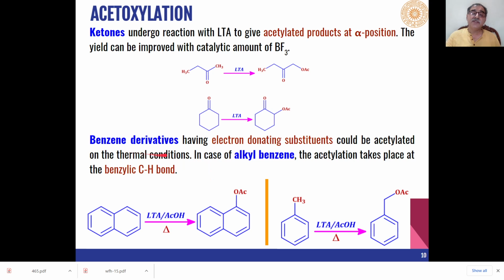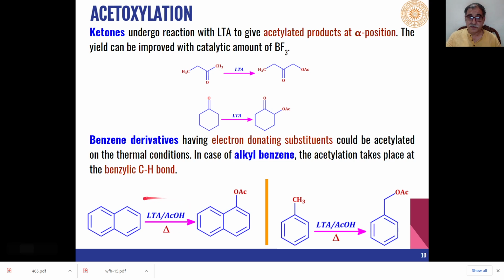Then benzene derivatives like naphthalene or toluene also undergo acetoxylation on reaction with lead tetraacetate, with acetic acid as the solvent.